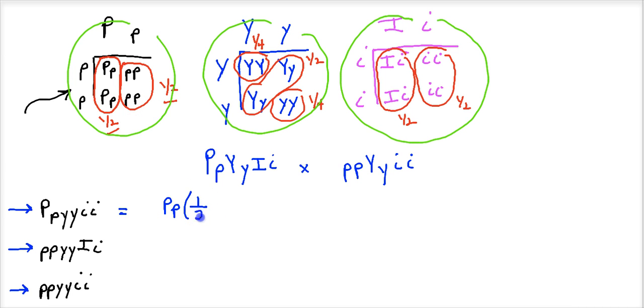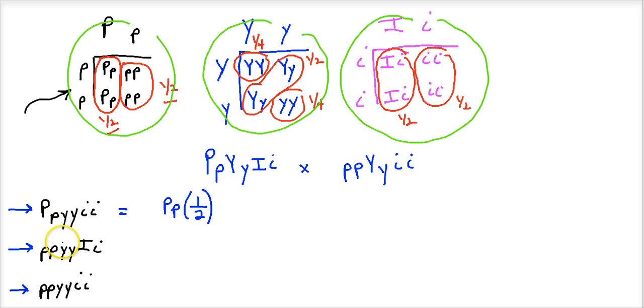There's a 1/2 chance. If you notice right there, we did that little Punnett Square to see that. There's a 1/2 chance of making a heterozygous offspring from that mother and father.